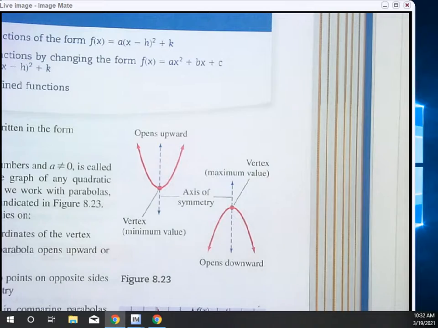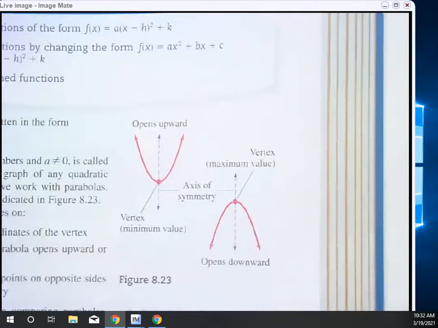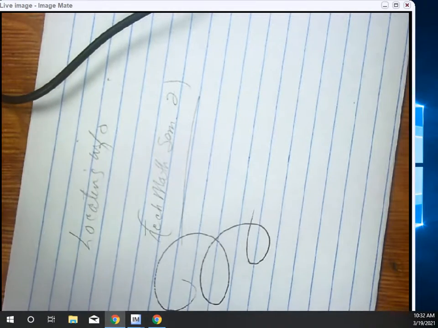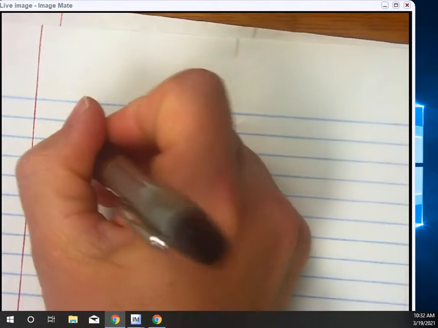Okay, so we're going to graph x squared minus 2. When we're graphing x squared minus 2, there's some things that you need to keep in mind. It's an x squared. It's a quadratic equation.